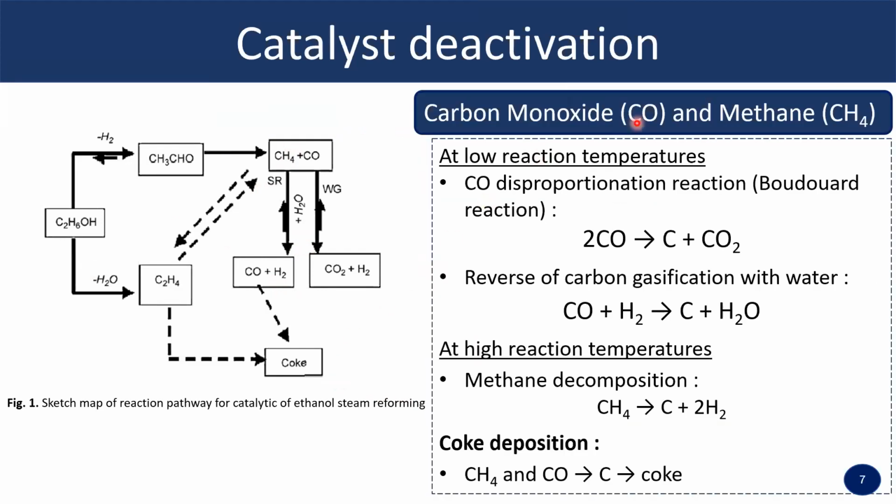For carbon monoxide and methane, the disproportionation reaction of carbon monoxide and cracking of methane are the major reactions responsible for formation of carbon deposit. At low reaction temperature, carbon formation is favored by the carbon monoxide disproportionation reaction and the reverse of carbon gasification with water, whereas at high reaction temperature, carbon forms through methane decomposition.